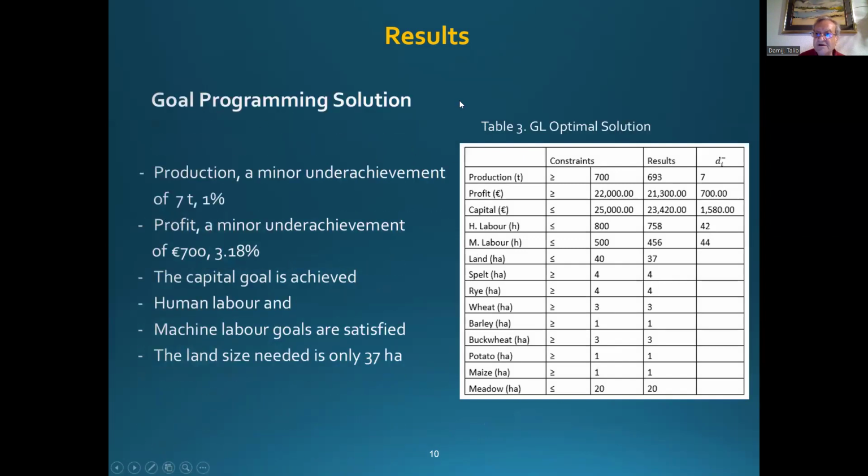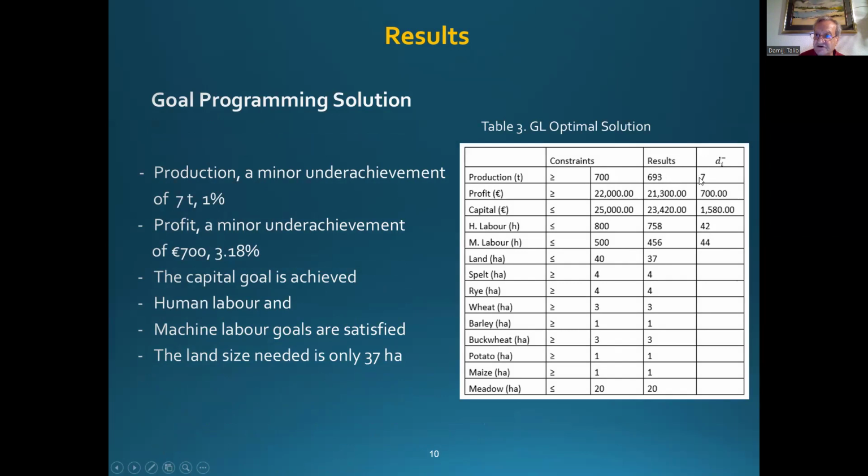The goal programming solution is different. As you see here, the results are given in this column, results. The production is 693 tons. So the underachievement of this goal production, which was specified by 700 tons, is 7 tons.